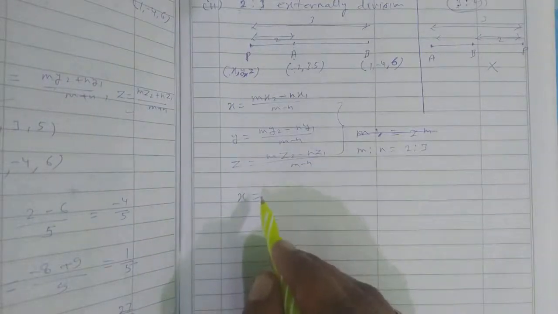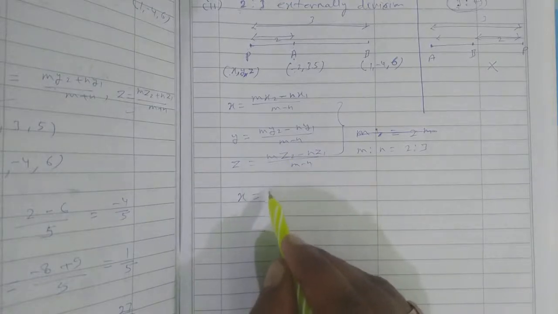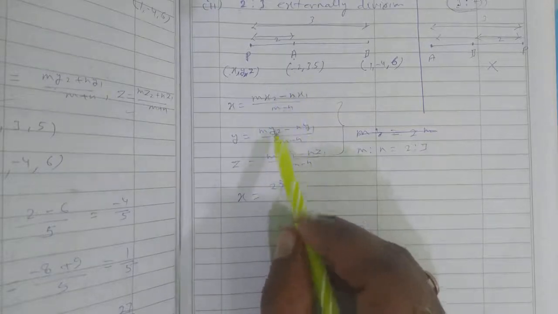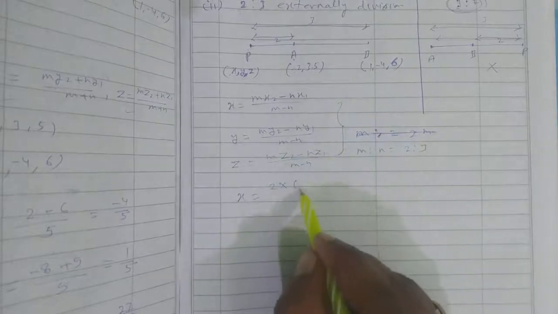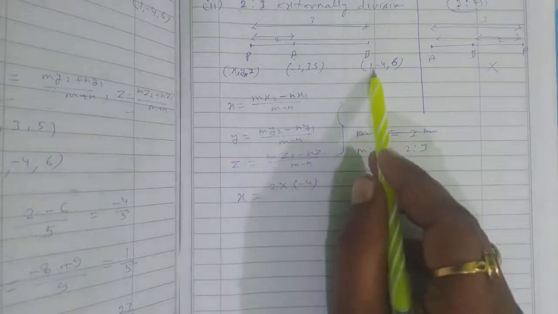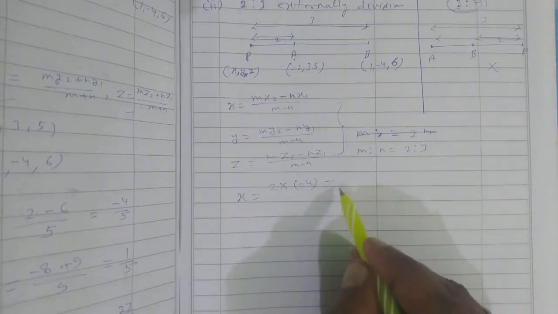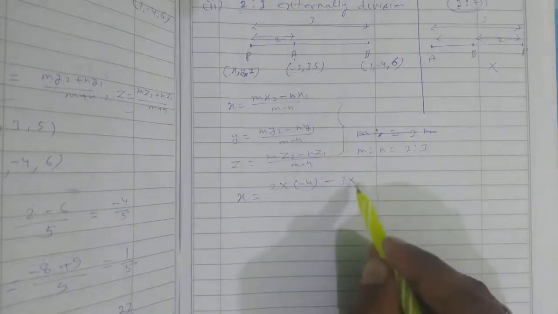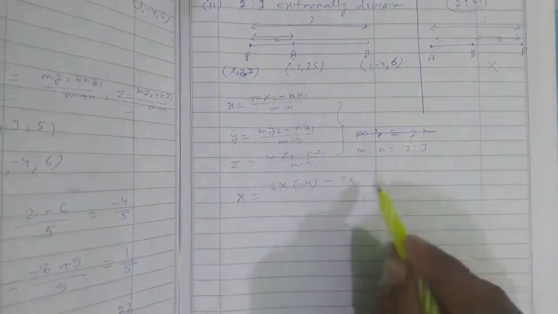So how to find this? First m x2: the value of m is 2, into x2. What is the value of x2? Same, x2 value is minus 4. So these are the values of x1 y1 z1 and x2 y2 z2, and then the minus sign. The value of n is 3, and x1. And what is the value of x1 here? Minus 2.